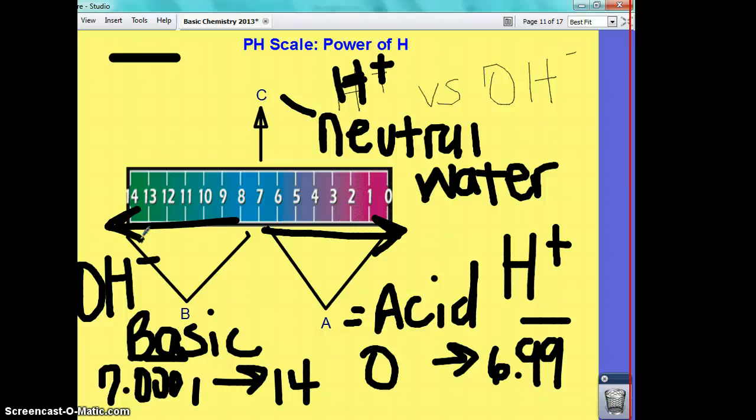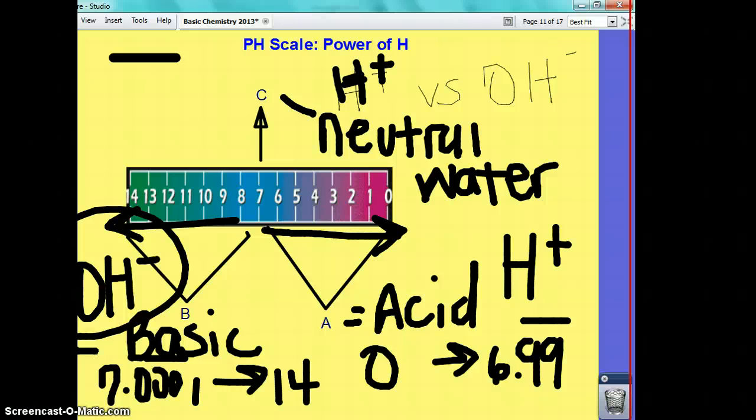More non-acidic. The more non-acidic, good, and the more what? Think of what I just referenced. The more hydroxide ions, okay? The more basic you are, the more hydroxide ions. The more acidic you are, the more hydrogen ions, okay?